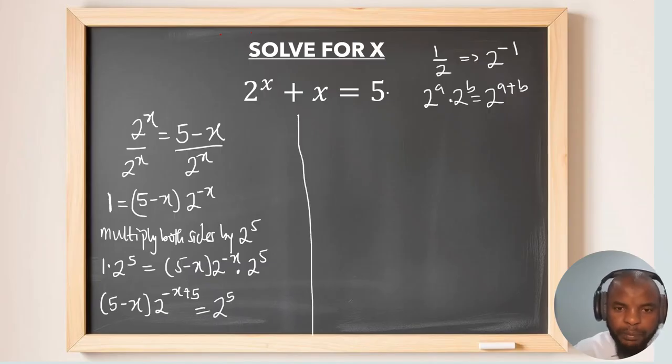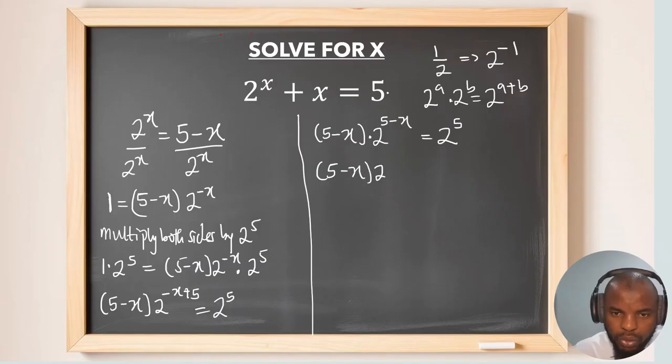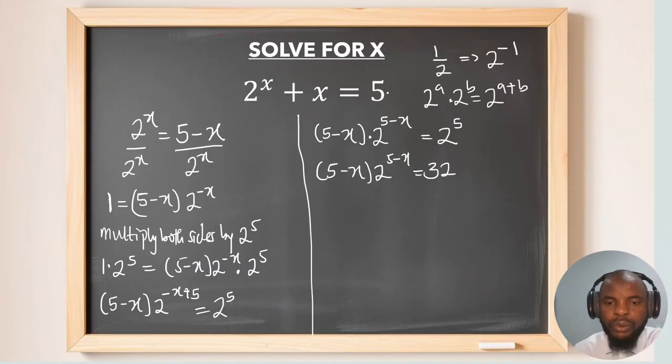Rewriting this equation, here I'm going to have 5 minus x multiplied by 2 to the power of 5 minus x equals 2 to the power of 5. And this is the same thing as saying 5 minus x, 2 to the power of 5 minus x equals 32.